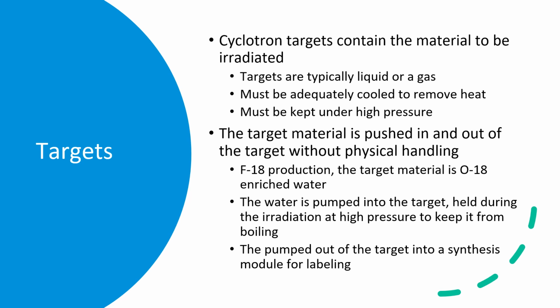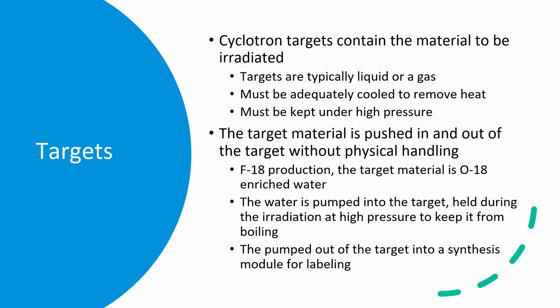So cyclotron targets contain the material to be irradiated. Targets are typically liquid or gas. They must be adequately cooled to remove heat and must be kept under high pressure. The target material is pushed in and out of the target without physical handling. So this is used for F18 production. The target material is O18 enriched water.